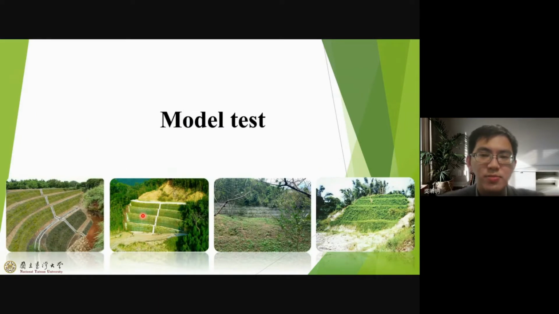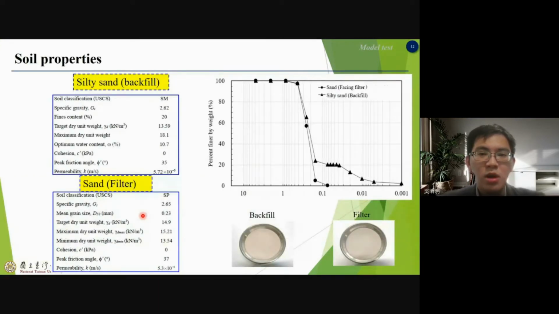Model test. The soil used in the research can be divided into 2 types. First is the marginal soil, used as backfill, whose friction angle is 35 degrees. The other is sand, used as a filter, whose friction angle is 37 degrees.